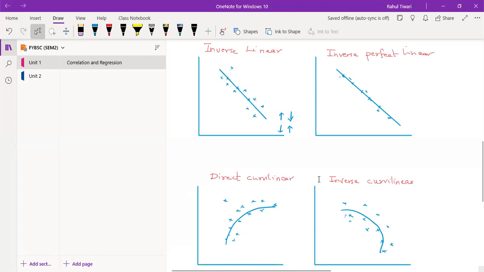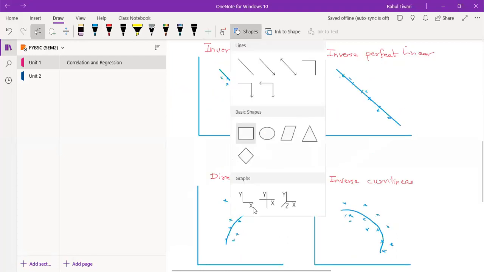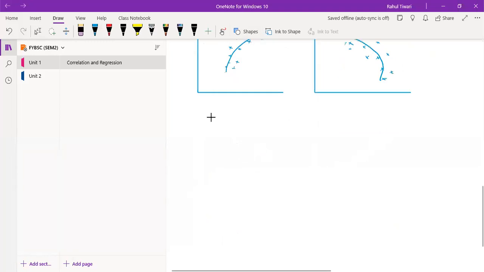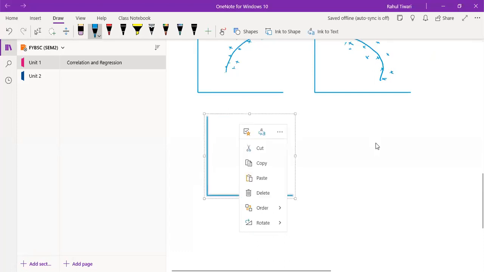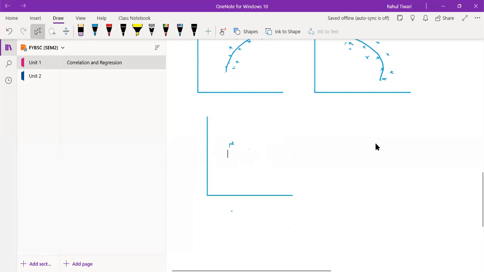And there is another last graph which talks about no relationship. Your graph will be like this. Maybe you have a variable, but you cannot understand what type of relation exists. I can give the example of the increase in the gold price and the population.